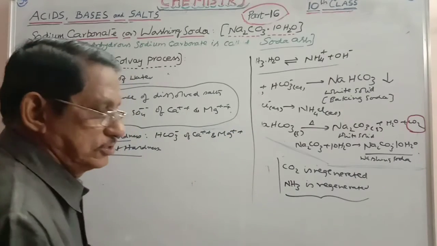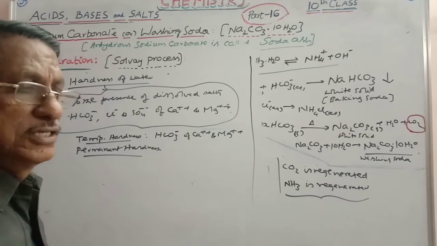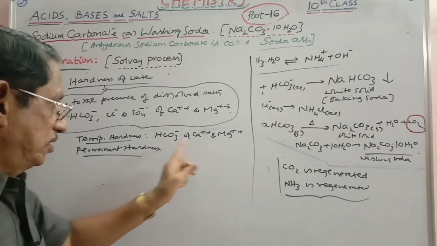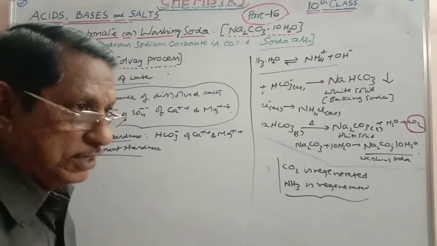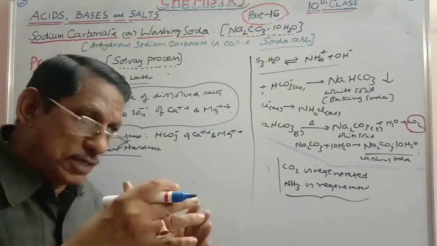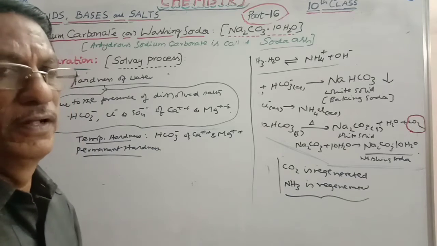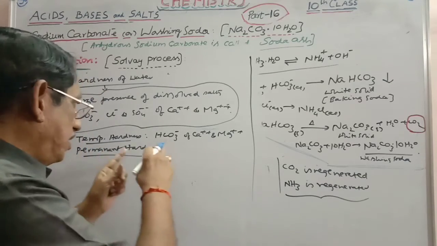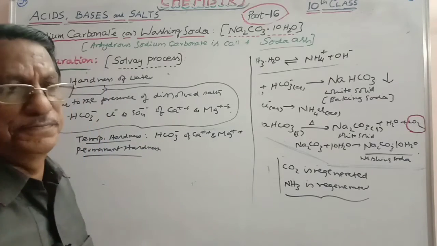That is temporary hardness. Temporary hardness can be easily removed just by boiling water. Calcium bicarbonate and magnesium bicarbonate are soluble in water. When boiled, they are converted into calcium carbonate and magnesium carbonate. They are insoluble, so they are precipitated and removed. Hardness is removed. So, temporary hardness can be easily removed just by boiling water.